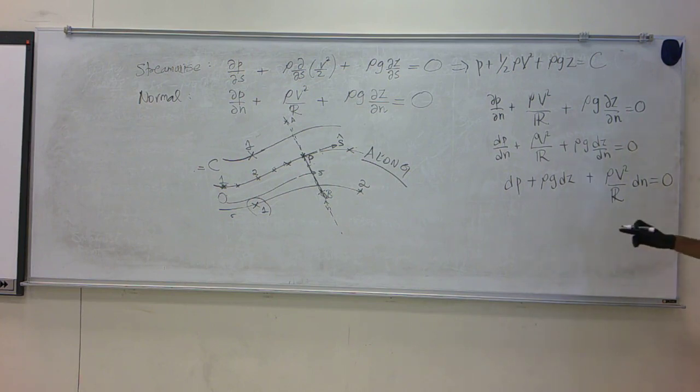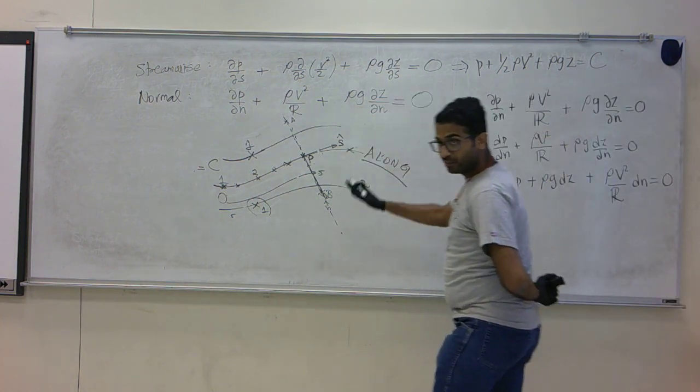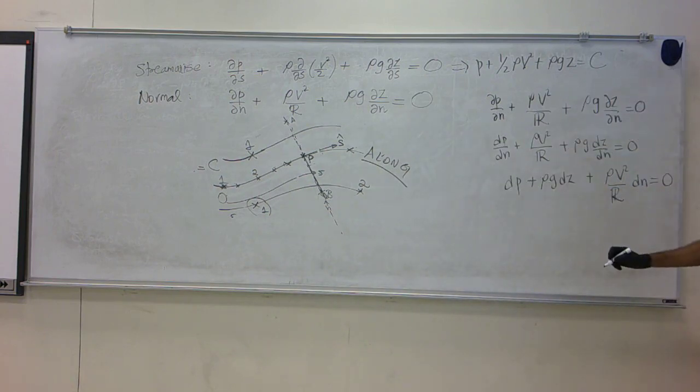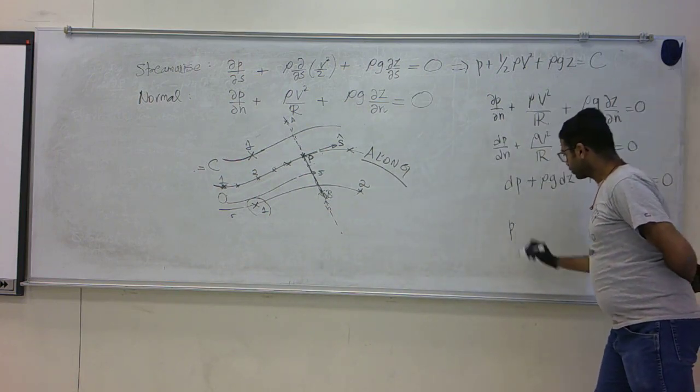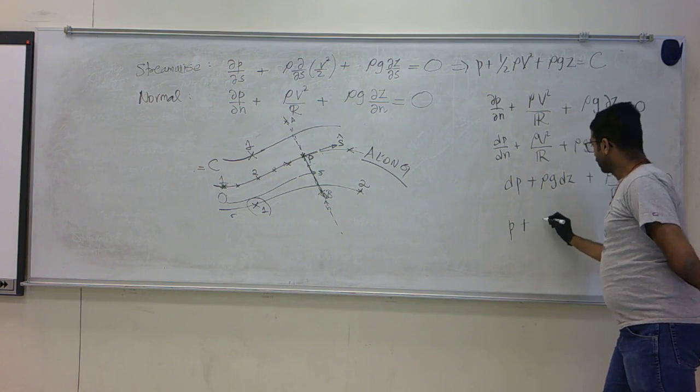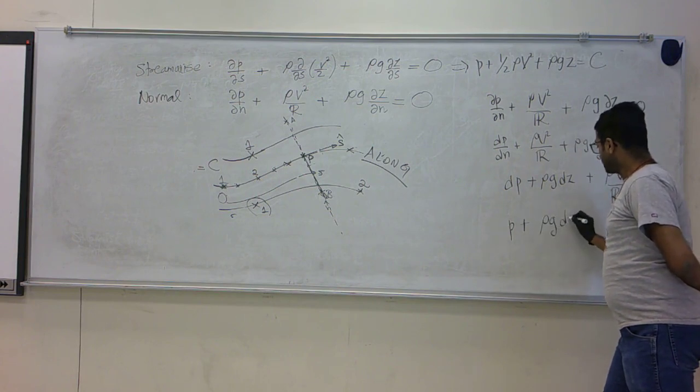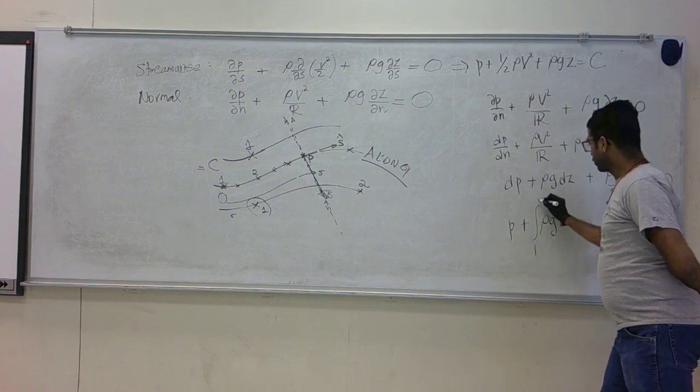Now if I integrate this between any two points along the perpendicular to the streamline, I have p plus rho g dz between 1 and 2.